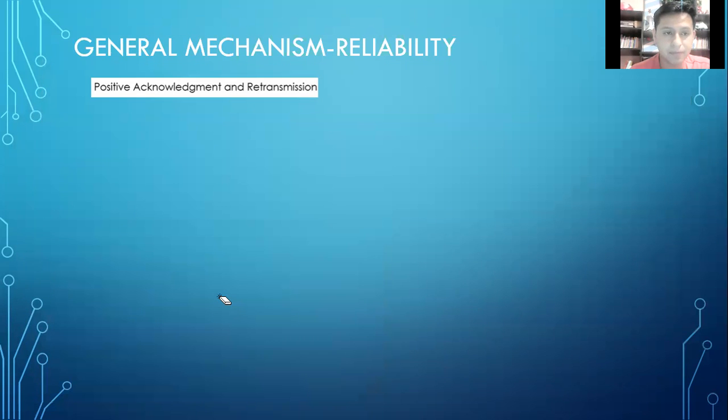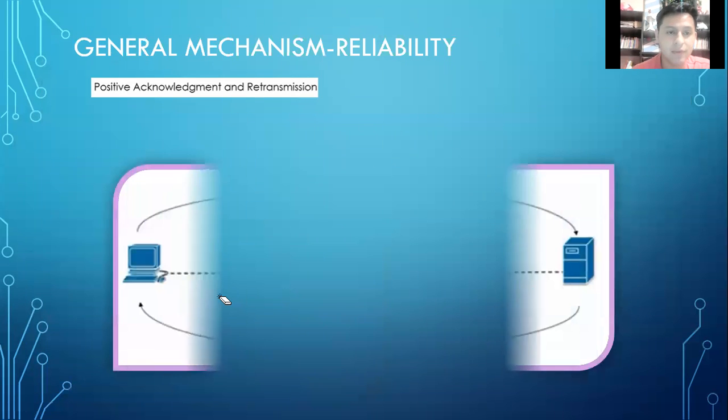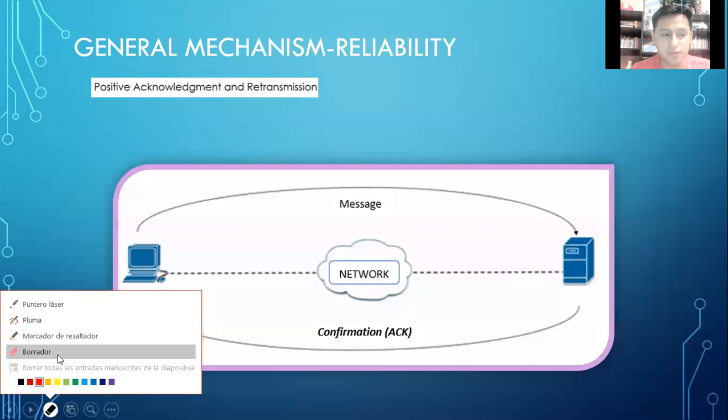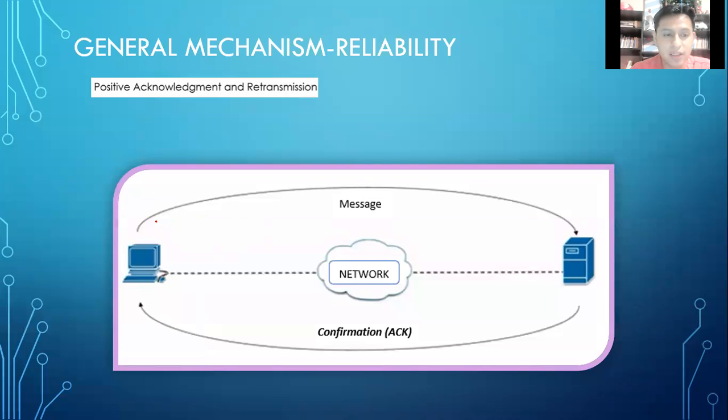The reliability mechanism is the positive acknowledgement and retransmission, or PAR. This is the example. We have a message, but with this mechanism, we receive a confirmation called ACK. How does it work? The message is sent from the computer to the server.